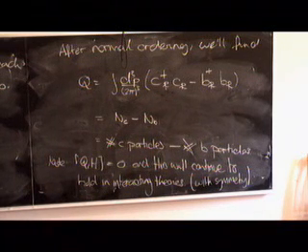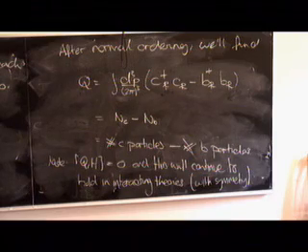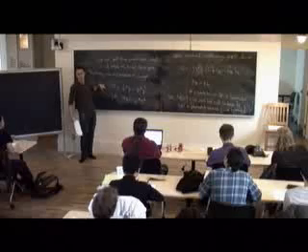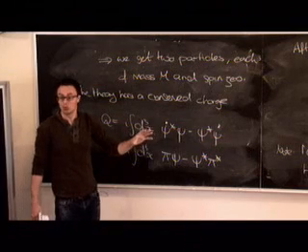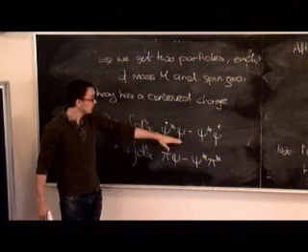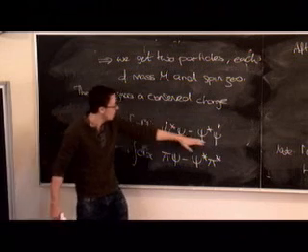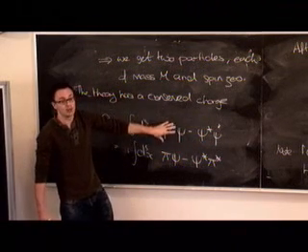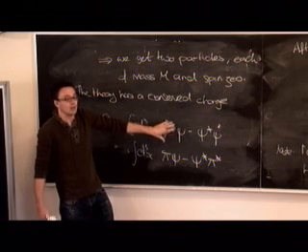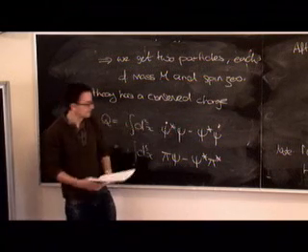In fact, let me say this a slightly different way. Remember that when we computed this charge in the classical theory, it didn't depend on what the potential was. It didn't care about the potential. It only cared about the kinetic terms. You can see that here. There's no m's that appear in this. So it's going to be exactly the same object, regardless of what the potential is, and regardless of what the interaction is.